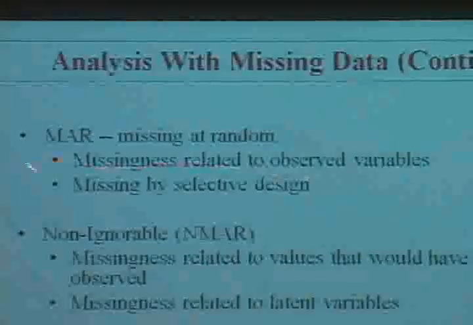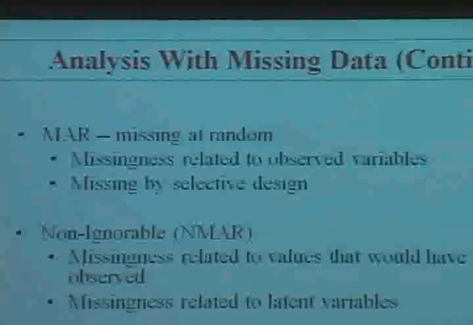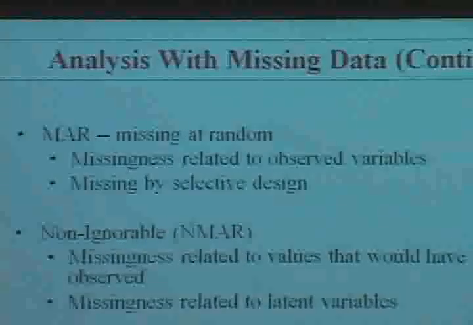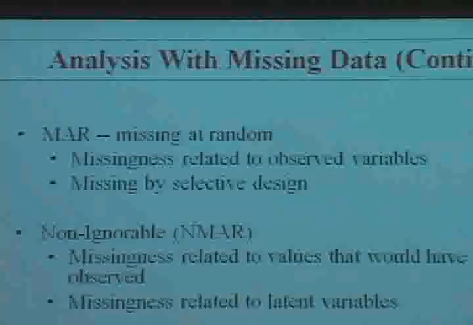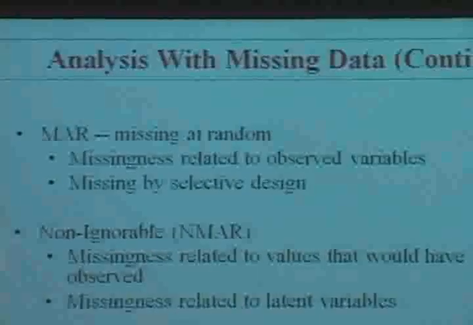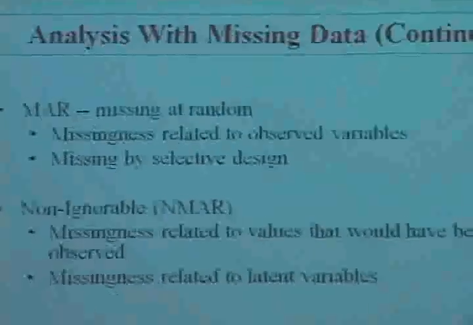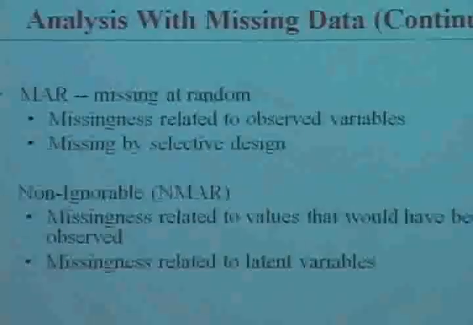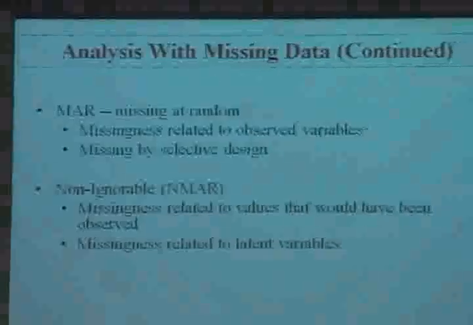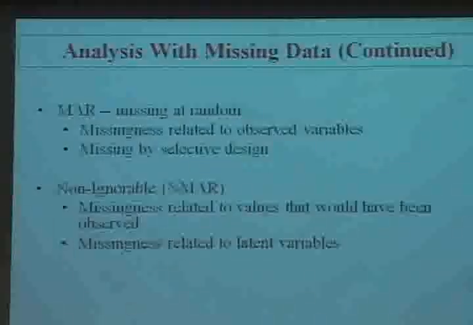This can also occur, for example, in selective designs where, just by design, certain types of people have missing data, and that can lead to an observed variable, such as race, being related to what missing data you have in your data set.